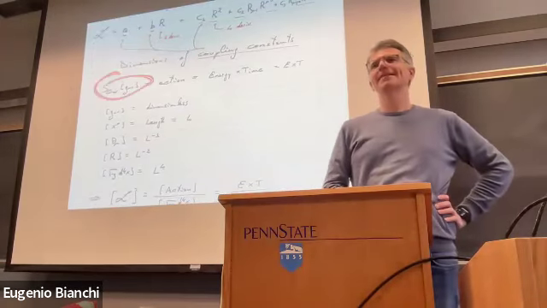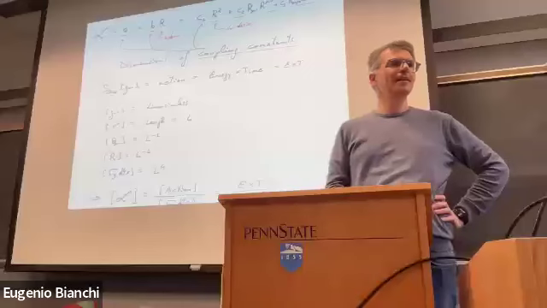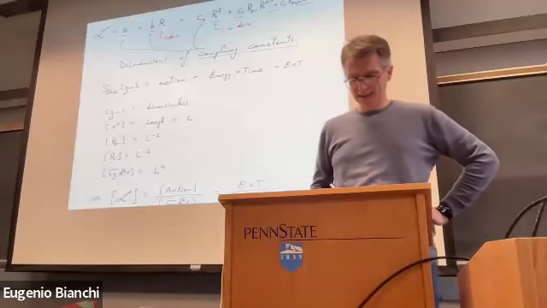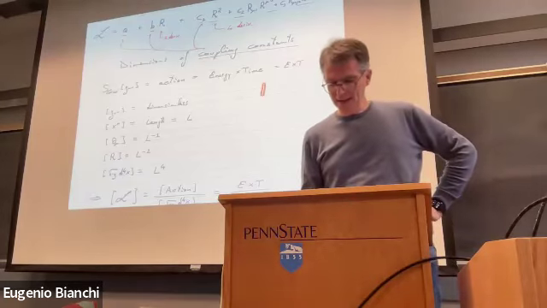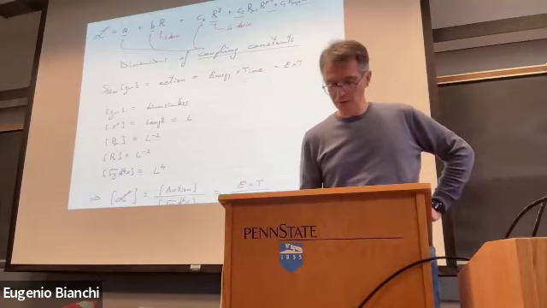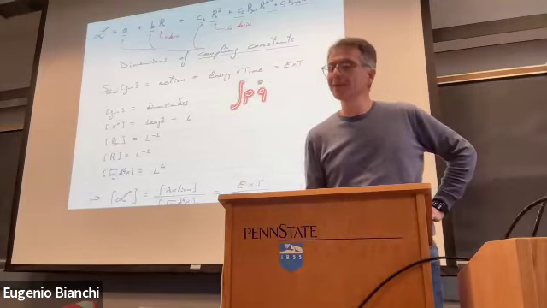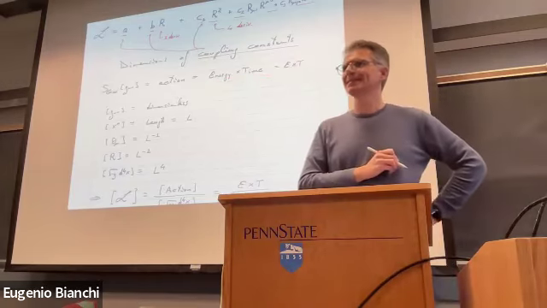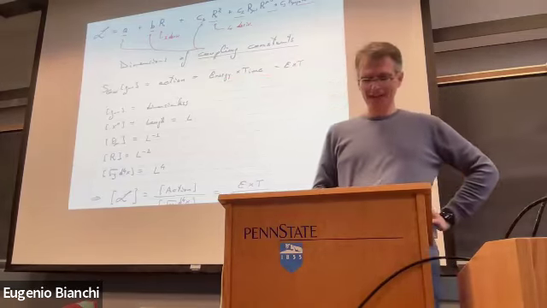So the action should better have dimensions of action: energy times time, right? If you want, the Hamiltonian dt integral, or the integral of p q dot, you have a way of knowing that this is dimensions of action. Okay?